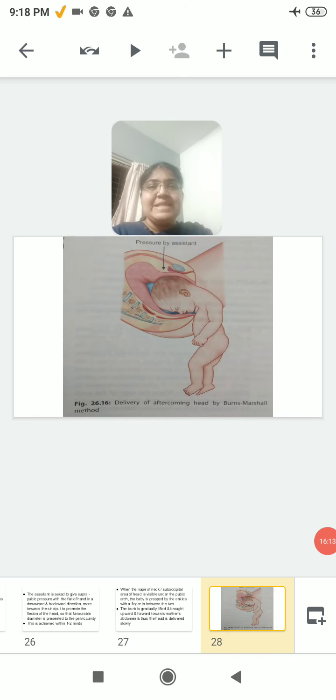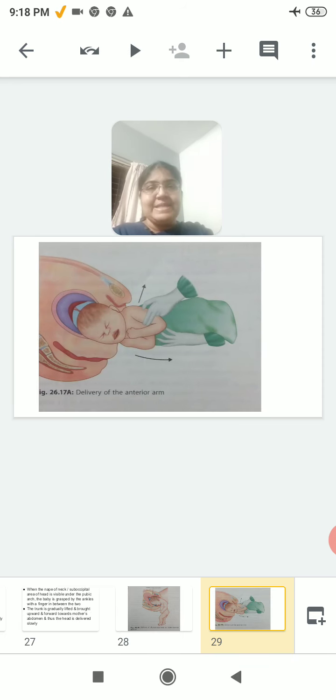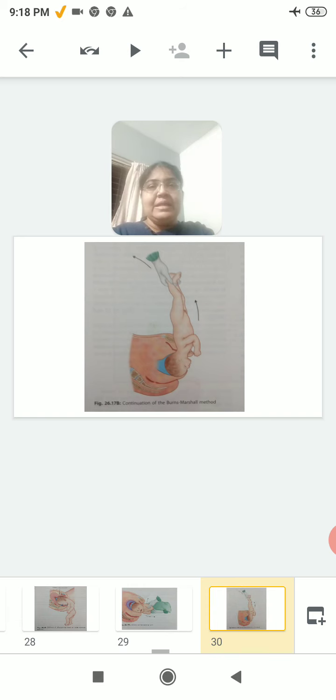You can see this diagram. This will make your understanding better. First step, second step, and the third step, where the baby is lifted up and forward towards the mother's abdomen, with the feet held at the ankles with the finger in between. So these diagrams will make your understanding easy.